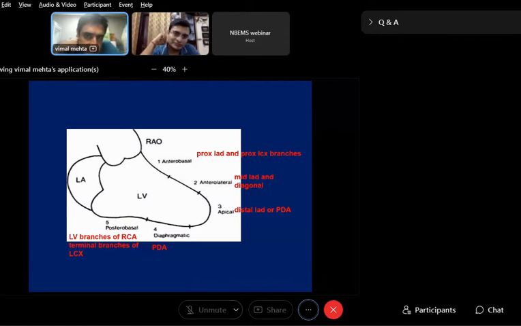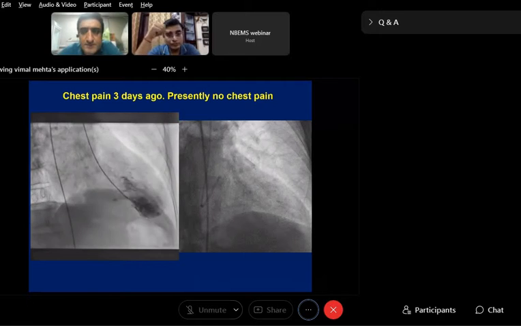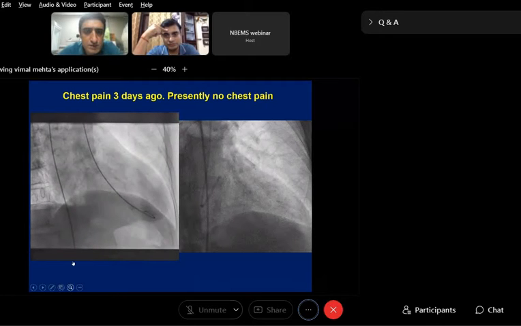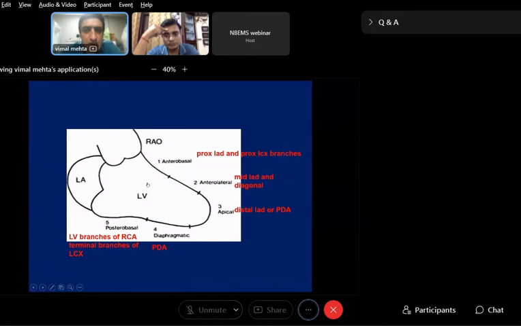See it again and then I'll come back to it later. So this is typically LAD involvement. As you can see over here, this all is the LAD area and this all is gone.